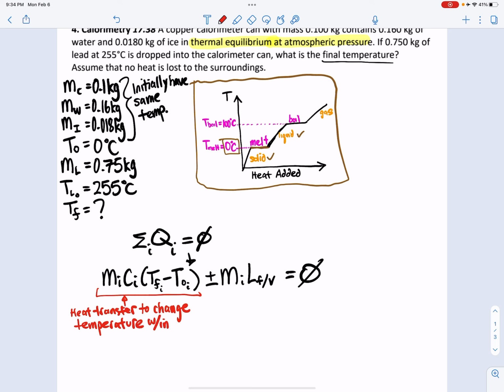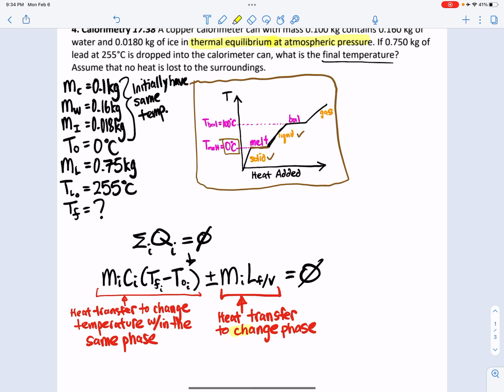And this one is for the heat transfer necessary to change phase. Okay, so to change phase, we use that. And for the same phase, we use this guy.